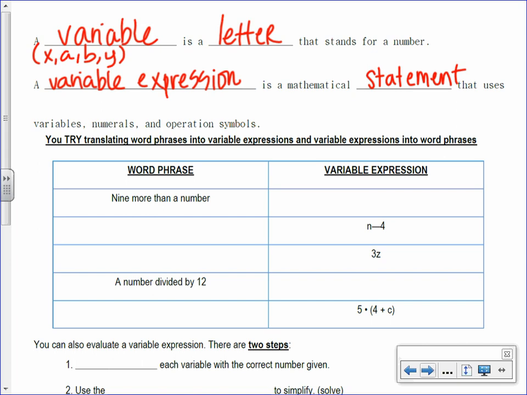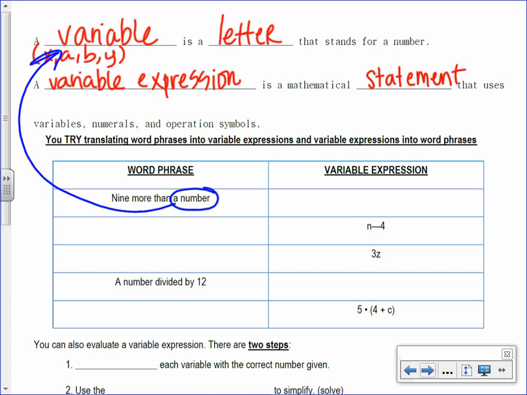All right, I want you to pause the video at this point, and I want you to try to take this word phrase and write a variable expression. So I'll do the first one with you, and then I'm going to have you do the rest. 9 more than a number. So if we're saying 9 more than a number, do we know this number? Well, no, because it's not telling us. So we can use a variable to represent a number that we don't know.